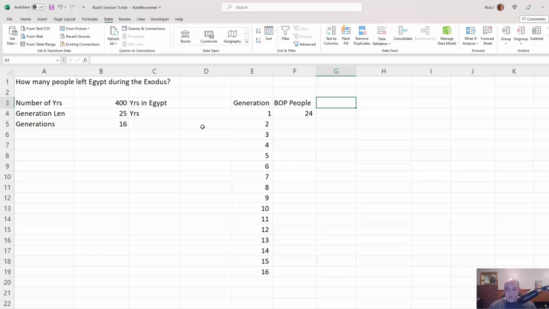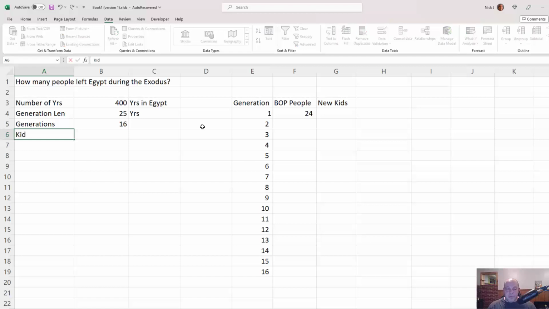Now we can calculate the number of new kids that are born in this generation. This generation here, generation 1, represents people that are between 0 and 25 years old. Their first 25 years. So let's put in a new assumption, and this is the key assumption. Kids per couple.